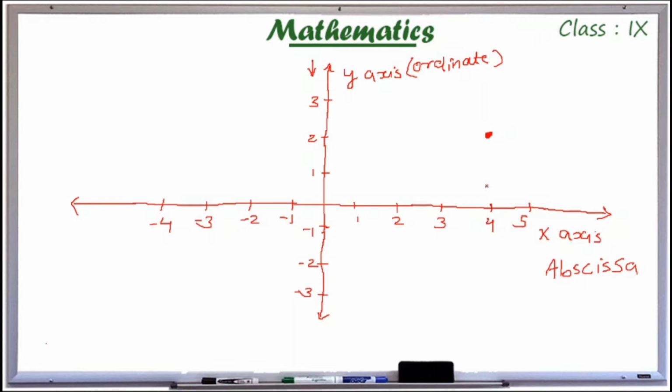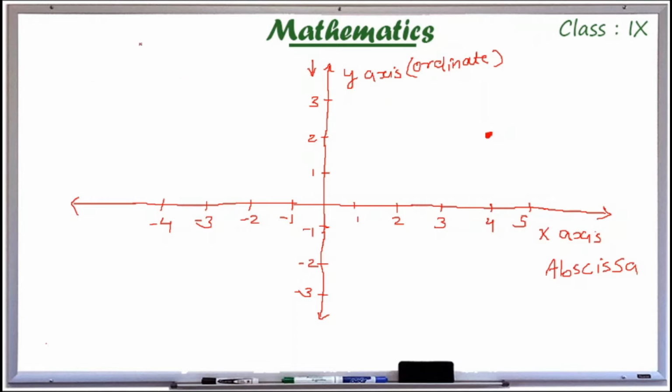Before giving a name to a point, we plot two perpendicular lines. One is vertical and one is horizontal; the horizontal line is called the x-axis or abscissa, and the vertical line is called the y-axis or ordinate.